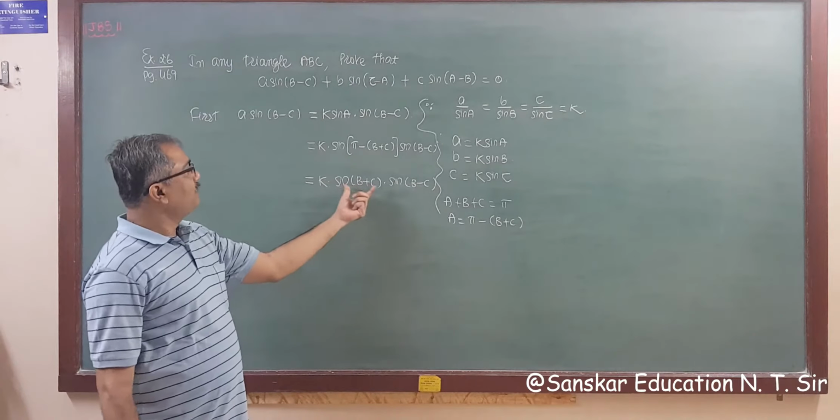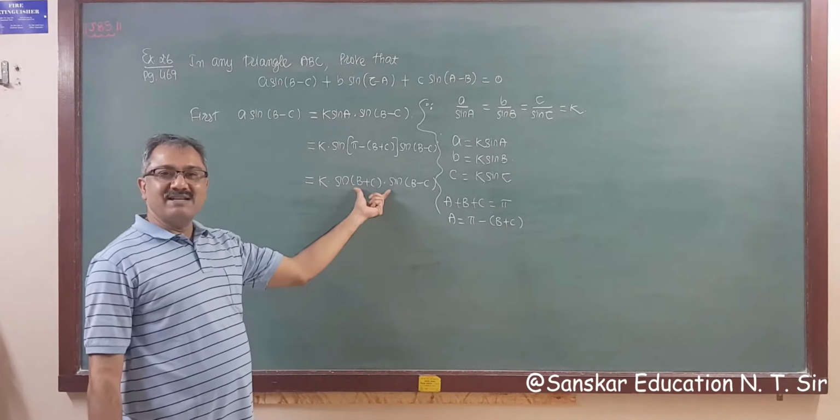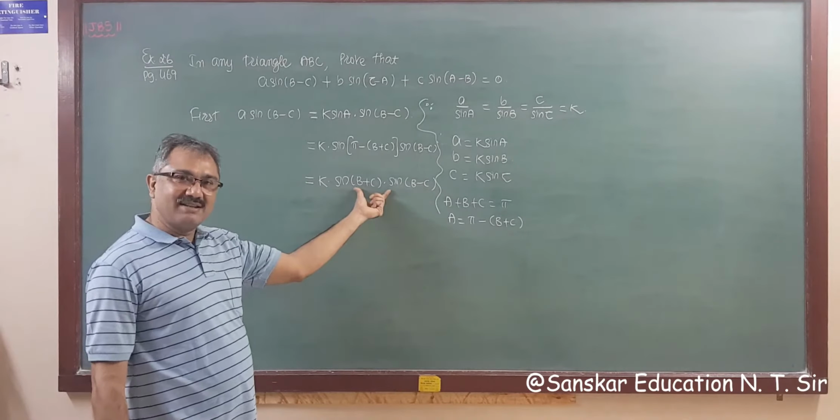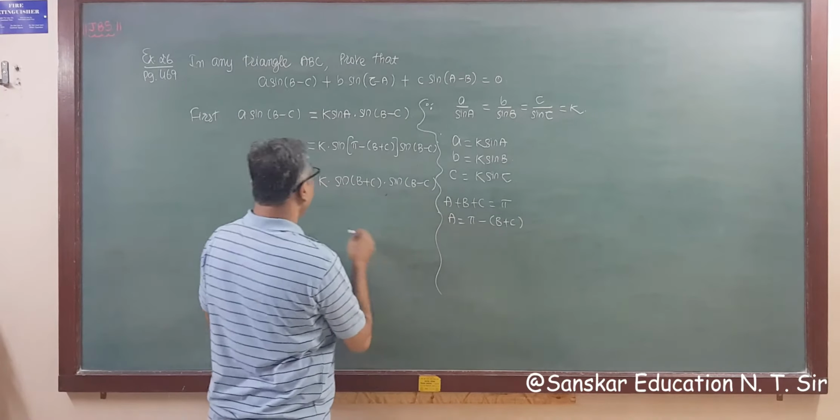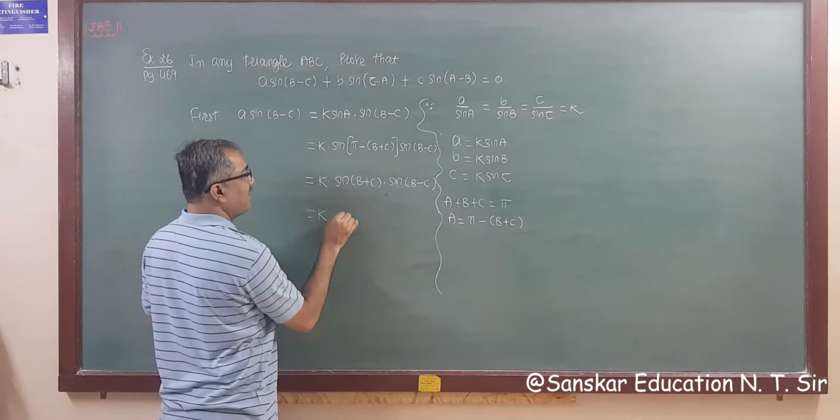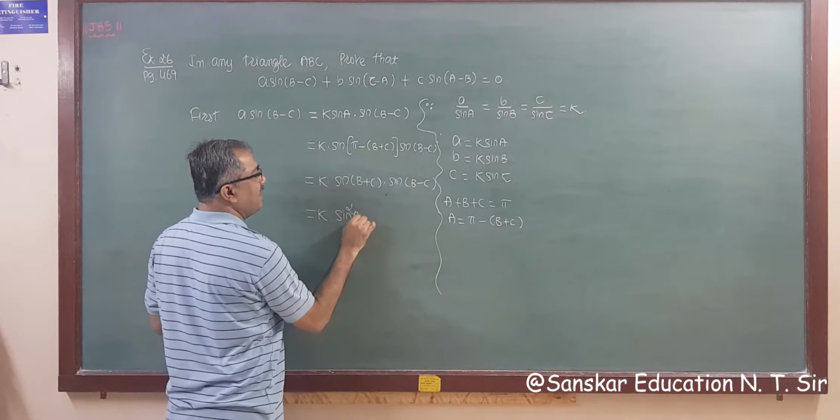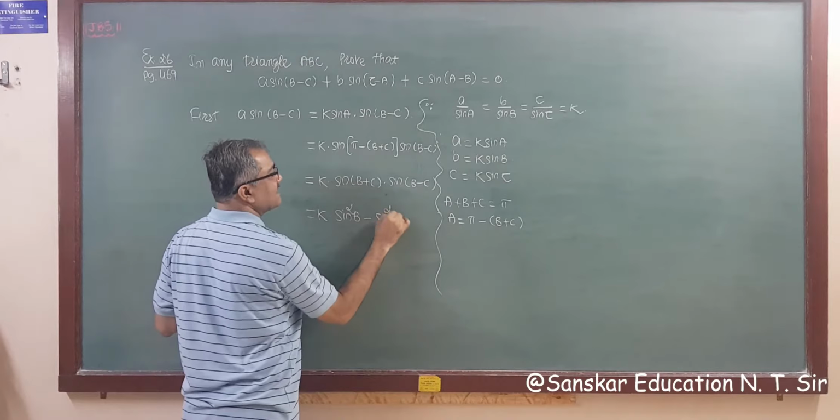Now sin(A plus B) times sin(A minus B) is sin squared A minus sin squared B. That is another formula that you know. So this is K into sin squared B minus sin squared C.